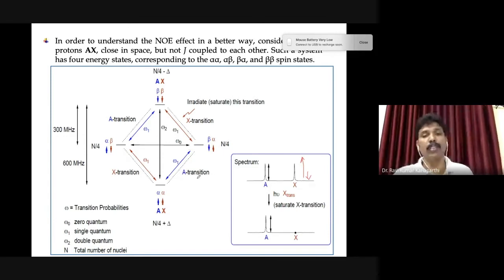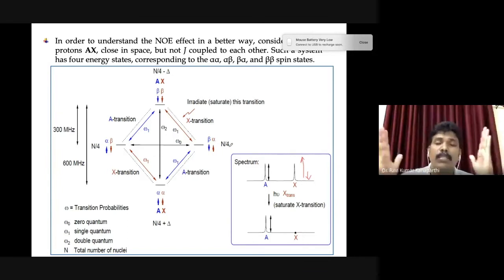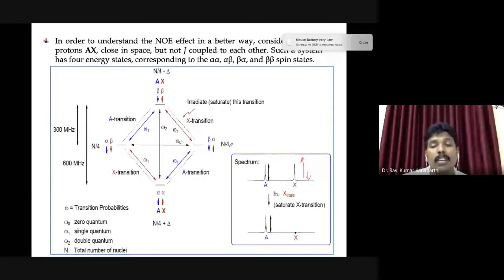If it is an AX system, we can arrive at four spin states, right? Alpha alpha, alpha beta, beta alpha, beta beta. These are the four spin states that we can deduce from the AX spin system.